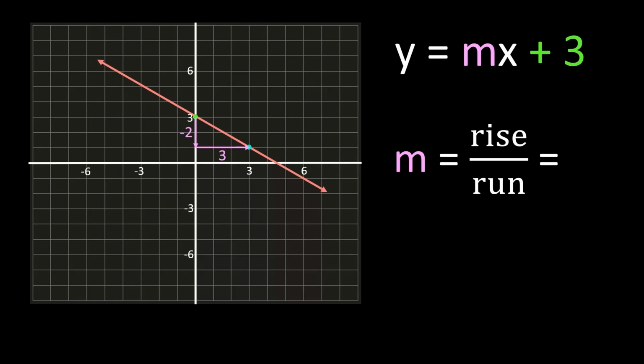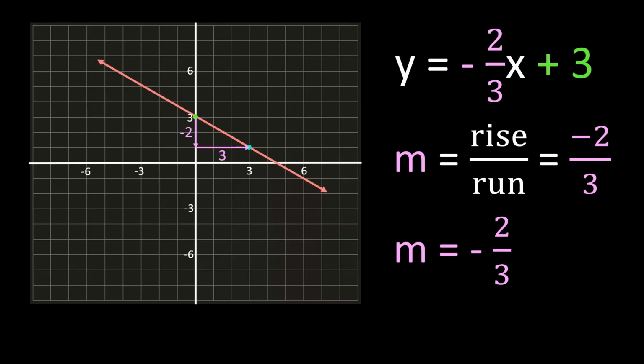Then I can substitute these values in my formula for slope of rise over run. My rise was negative 2 and my run was 3, which means that my slope is negative 2/3. And I'm going to take the negative 2/3 and substitute it for m in my formula. So the formula for my line is going to be y equals negative 2/3 x plus 3.